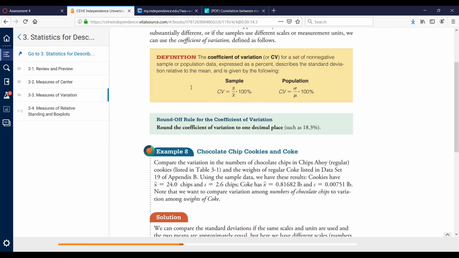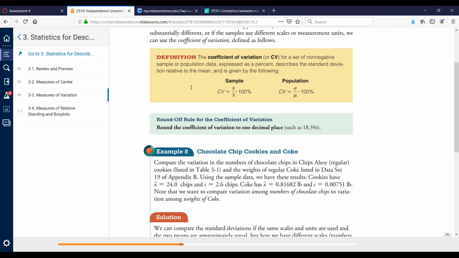That is basically a measure of how spread out the data is. So again, to go back to the cookies, if our standard deviation was 2.6 and the mean of the population was 24, 2.6 divided by 24 would be a little over 0.1, or a little over 10%.